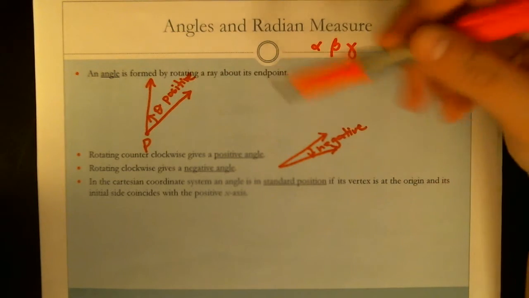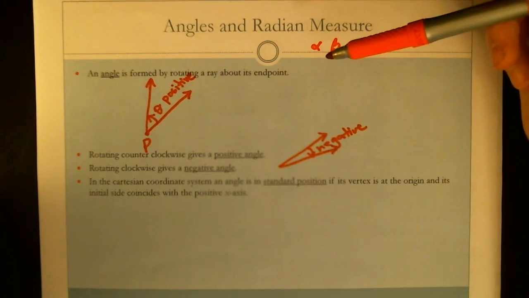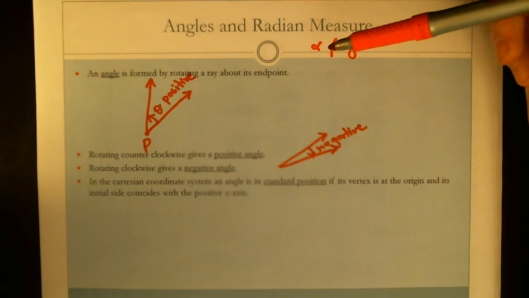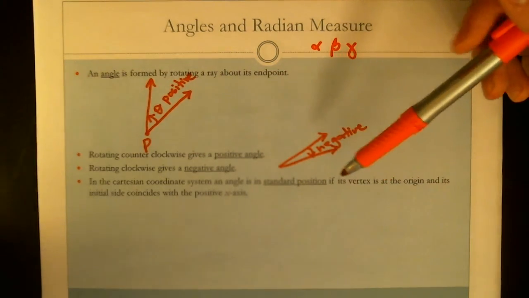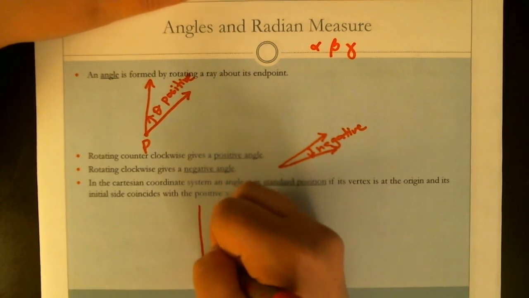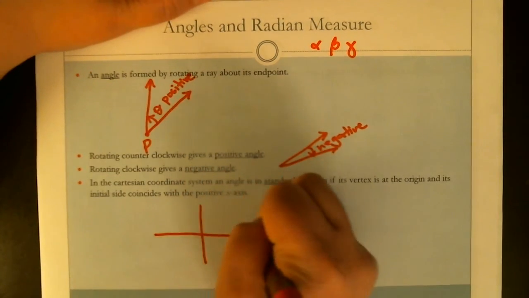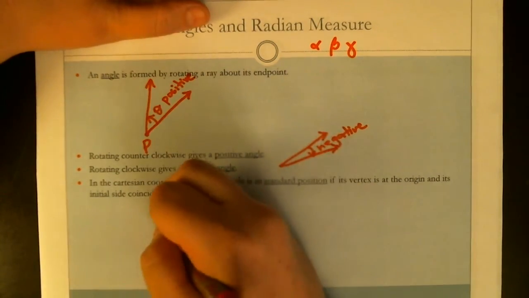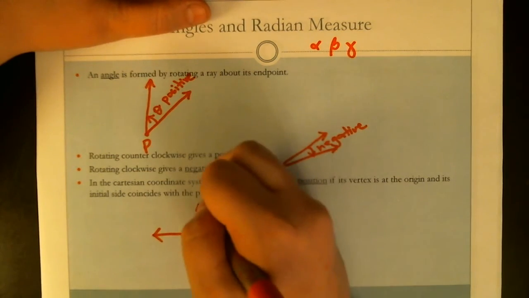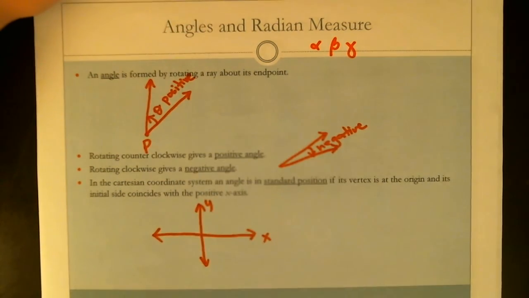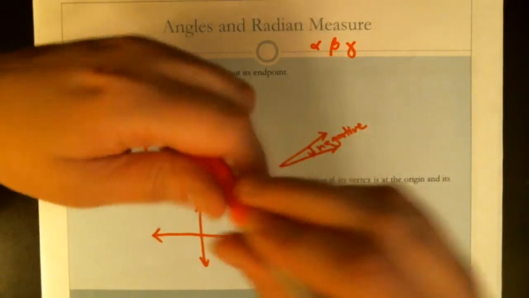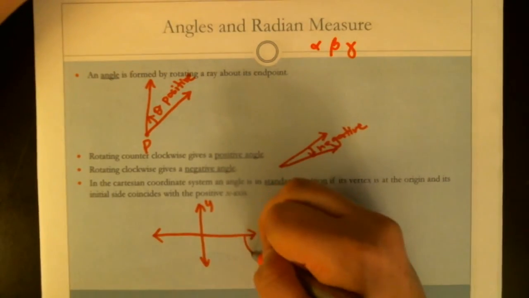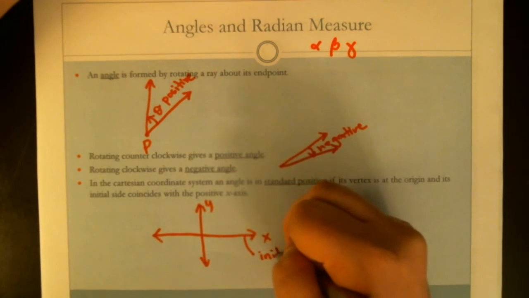So these are great. These are angles, but we like to look at a lot this quarter in standard position. So standard position just means we superimpose a Cartesian coordinate system. So this is just our usual x-axis, y-axis, and we put our angle in this coordinate system where we use the x-axis for the initial side.